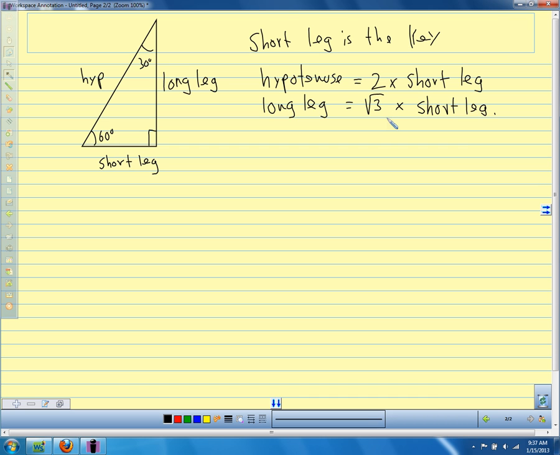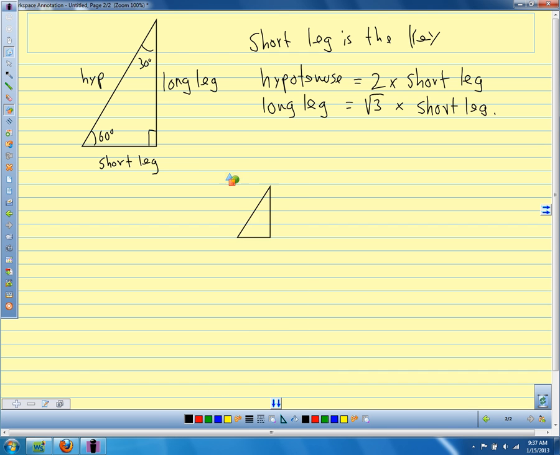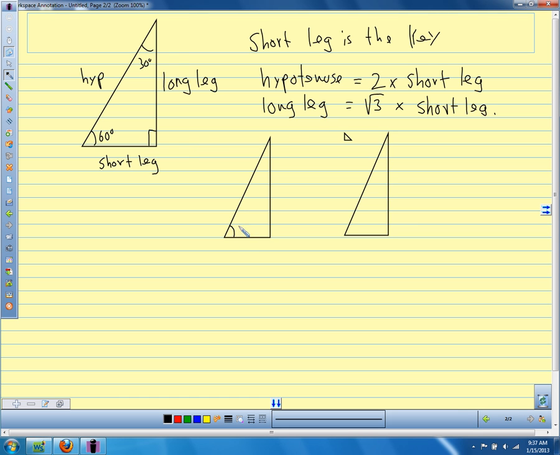So we're going to draw some diagrams to help us remember these rules, like we did for the 45-45 method. So in your flip book, you might want to just draw a couple of extra little triangles. I'm going to draw 2 because we have a couple more rules because our sides aren't the same.